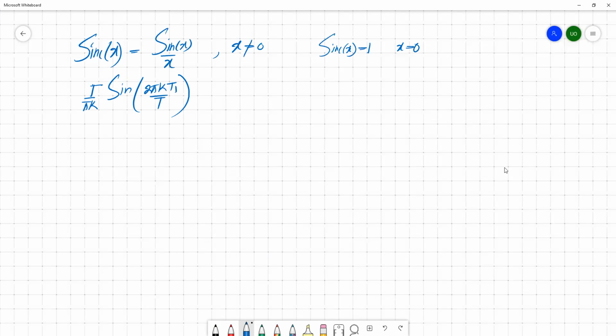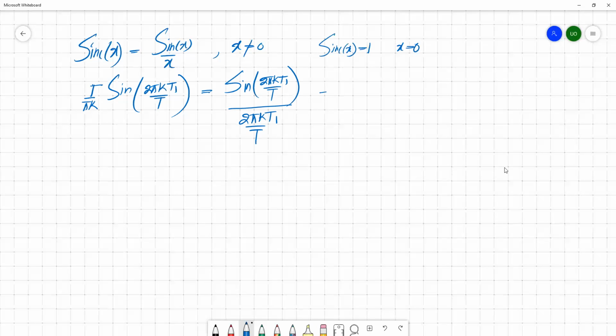So we can rearrange these terms. We have sine 2 pi k t1 over t, so this is your x. We need to put 2 pi k t1 over t here. The t and pi k are also here, but the only missing component is this 2 t1.